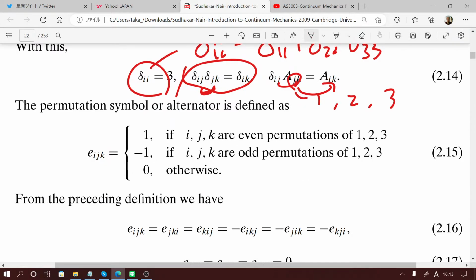The permutation symbol, or alternator, is defined as follows. Epsilon ijk is 1 if ijk is an even permutation of 1 to 3. Epsilon ijk equals minus 1 if ijk is an odd permutation of 1 to 3. It is 0 otherwise.